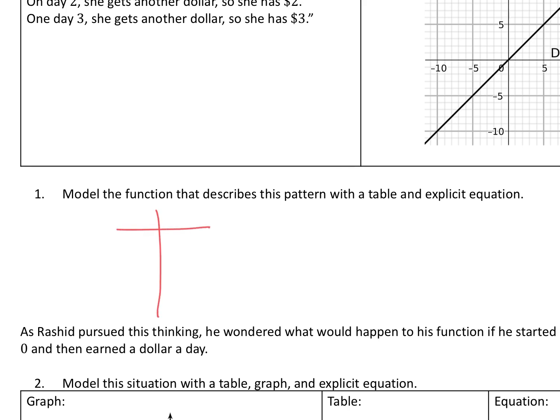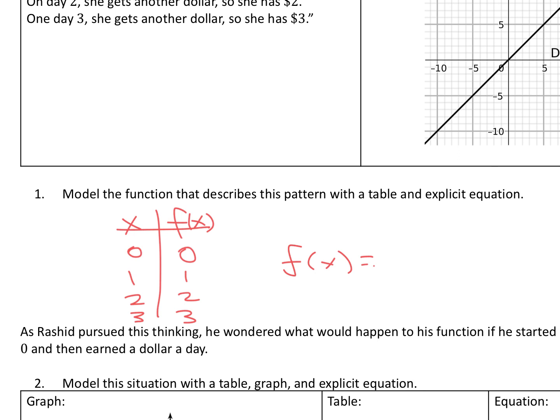So here's our table. We've got x and f of x, which is just y. On day 0, she's got 0, day 1, 1, day 2, 2, 3, 3. If we were to write the function for this, f of x equals, it looks like we're adding $1 for every day that goes by.